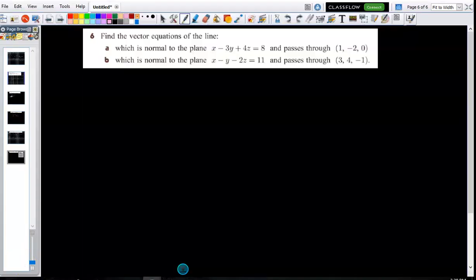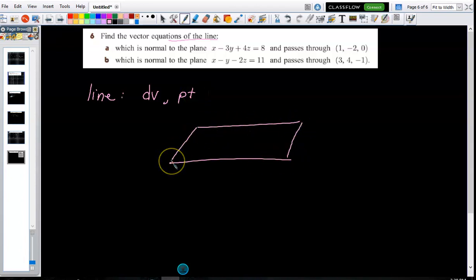6, we've got find the equation. So make sure you read your question carefully. We want the equation of a line. And then we're going, well, what do we need to find the equation of a line? We need its direction vector and we need a point. Now, what they've given you is the equation of a plane. Now, when it says the line that's normal to the plane, aka it's perpendicular to the plane, don't we know that this normal vector is the line we want, right?